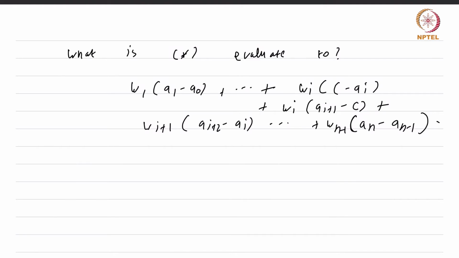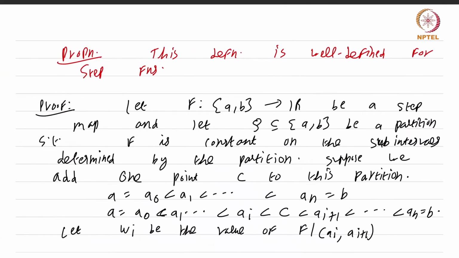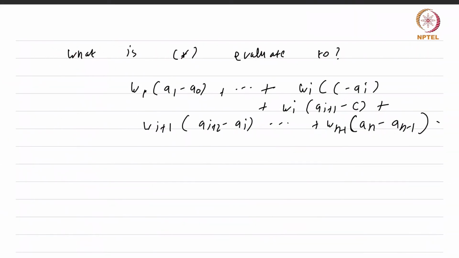Technically this should be w naught by our notation. Excellent. This is nothing but the summation wi into ai plus 1 minus ai. These two terms just combine together, and this is just equal to star with respect to the partition P.